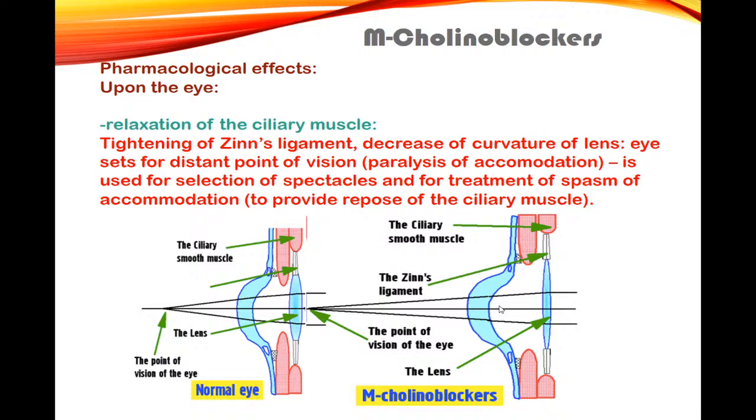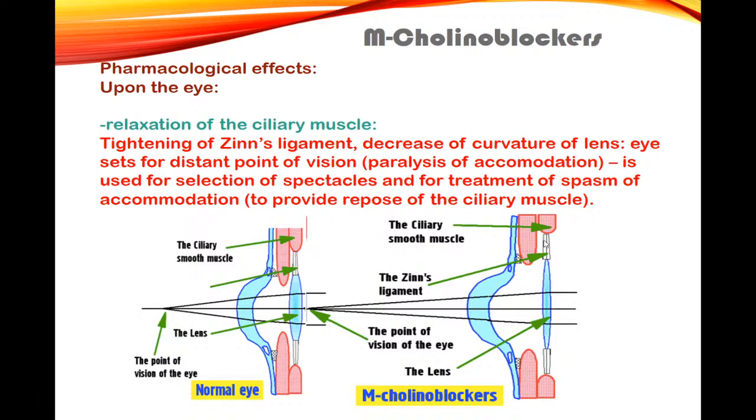The eye sets for distant point of vision. This is called paralysis of accommodation. Paralysis of accommodation means lens is not able to change curvature. Stop of accommodation.